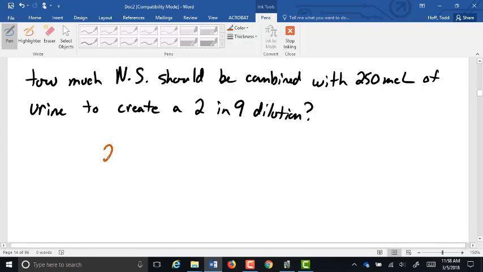So again, the dilution here is 2 in 9. Top number being serum, bottom number being total.